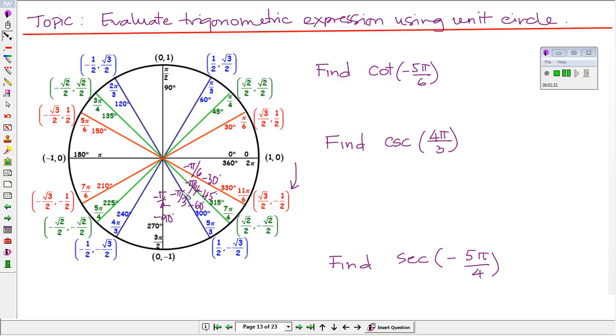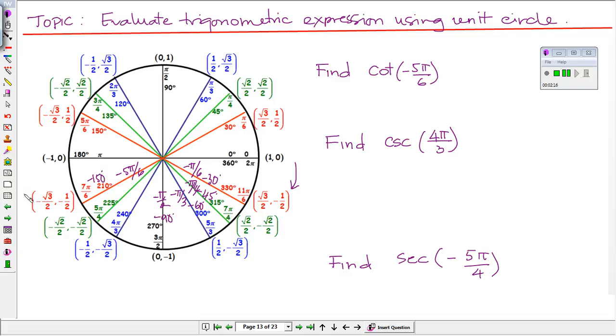So this is negative 2 pi over 6, negative 3 pi over 6, negative 4 pi over 6. So right here at this red color, this will be negative 5 pi over 6, the same thing as negative 150 degrees.